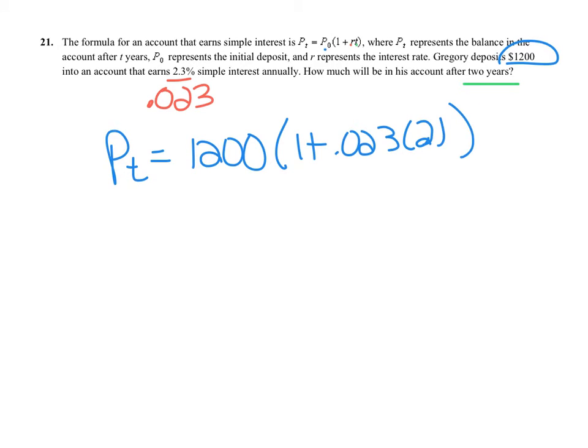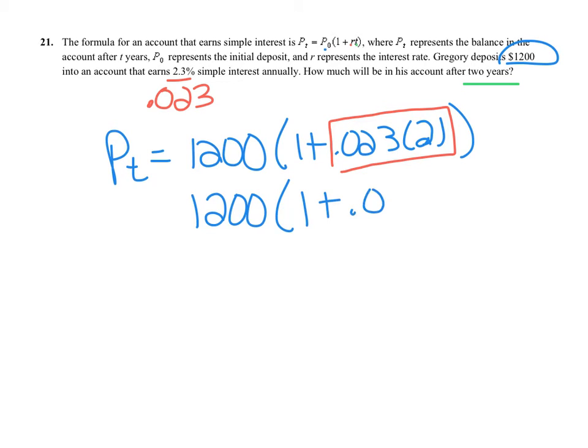So following order of operations, we look inside the parentheses first. I have to multiply those two numbers, so I would get 0.023 times 2. That's going to leave me with 1,200, which has stayed the same, times 1 plus 0.046. I'm going to combine these two and add. 1 plus 0.046 is just 1.046.